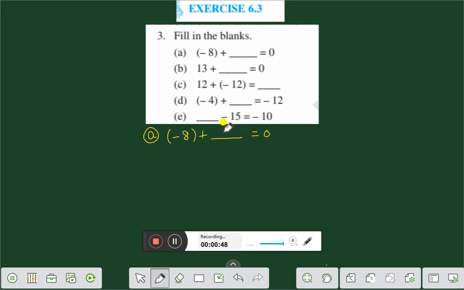Let us take in the dash it is x. Therefore we can write -8 plus x is equal to 0.